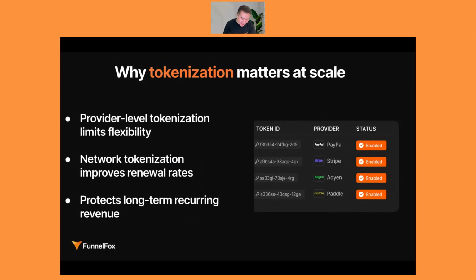So pretty much the idea of orchestrating, of not depending on one PSP like Stripe, for example, is to have tokenization, right? There's provider level tokenization and network level tokenization.